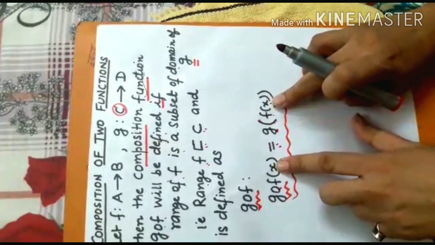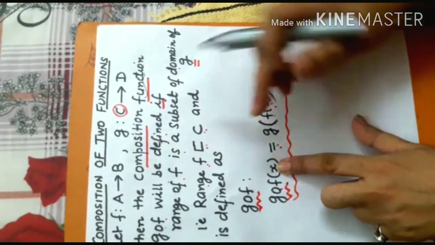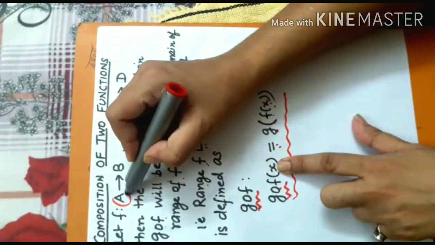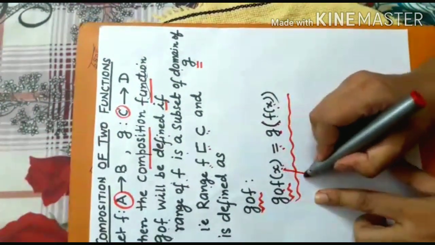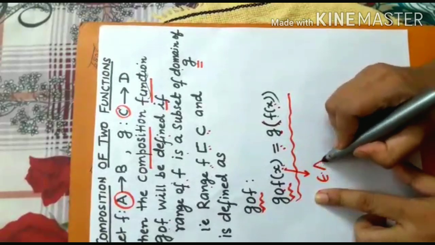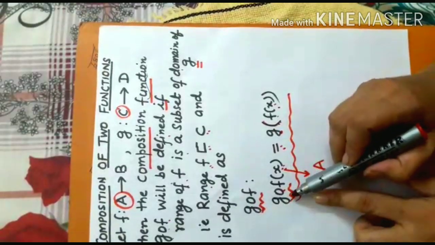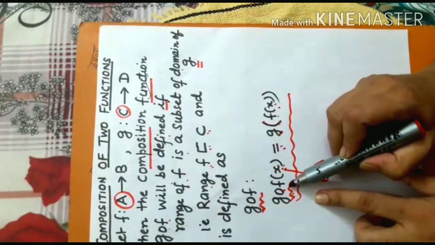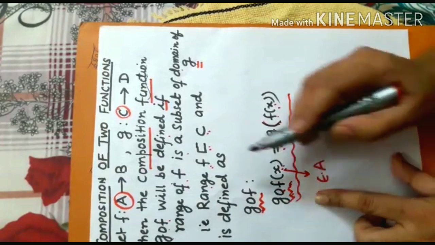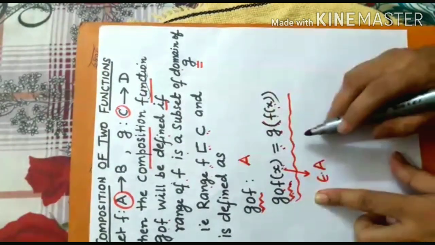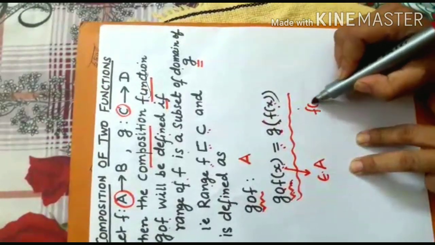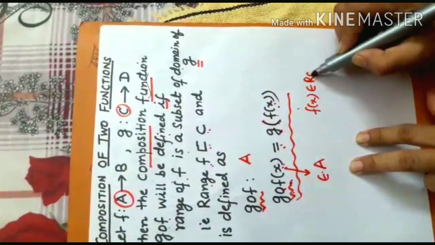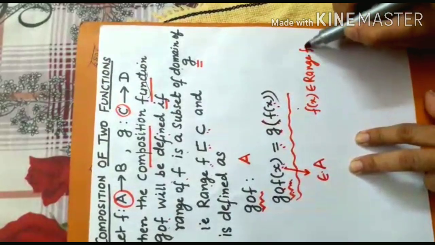So this x should belong to the domain of the function f, which is A. That means domain of this function is equal to A.